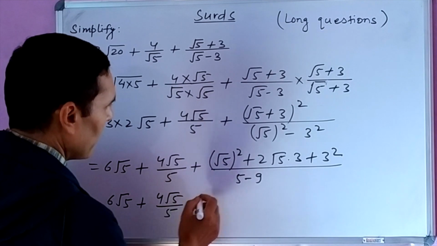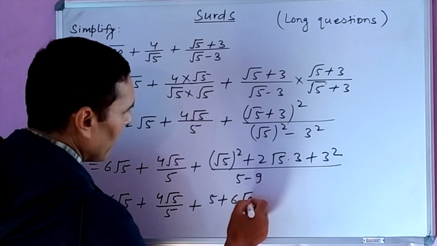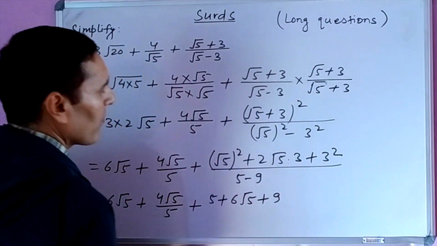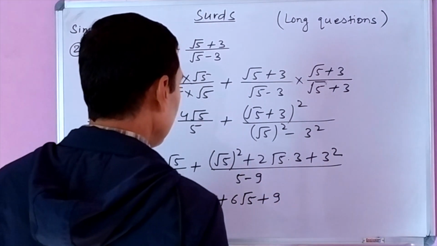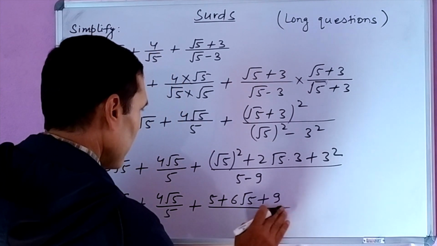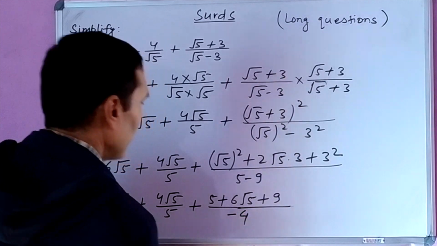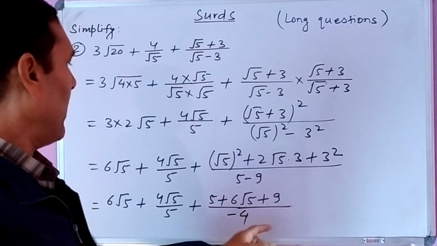Square of root 5 is 5, plus 6 root 5 plus 9, upon minus 4. 5 minus 9 gives minus 4.